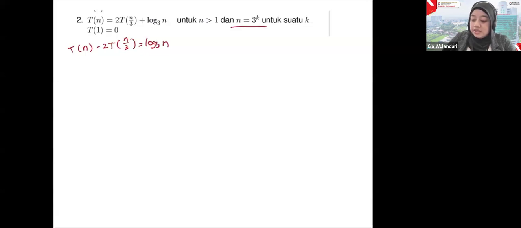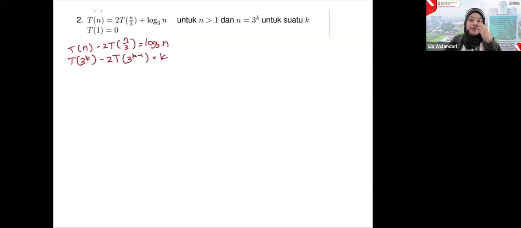If we substitute this power of 3, then we will have T 3^k minus 2 T 3^(k minus 1) equals to k, right?